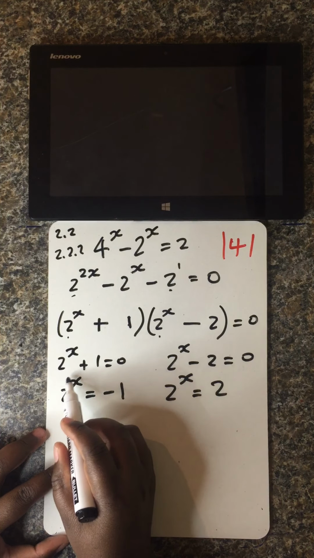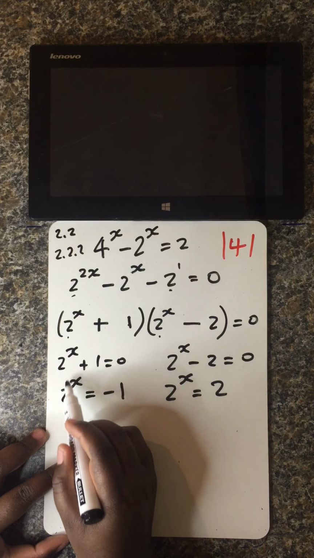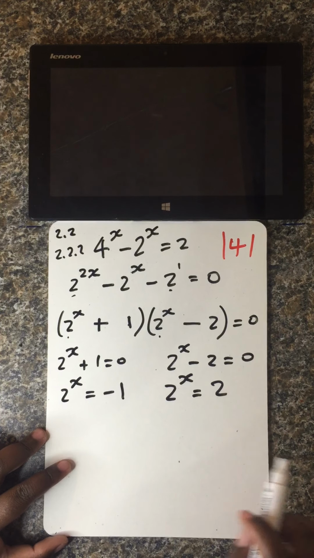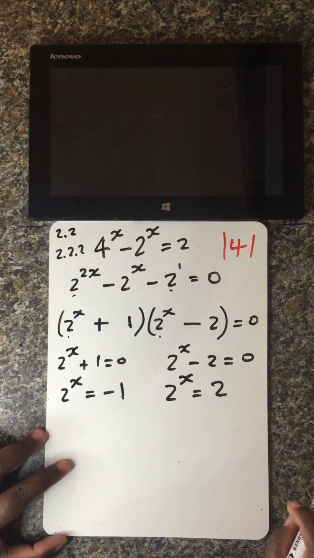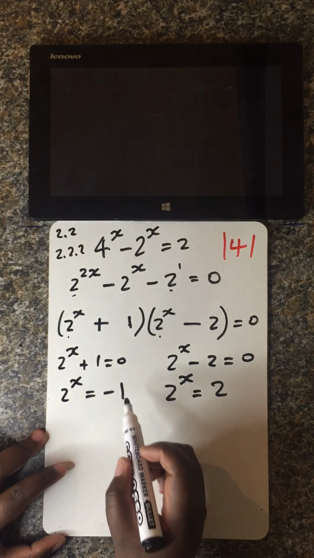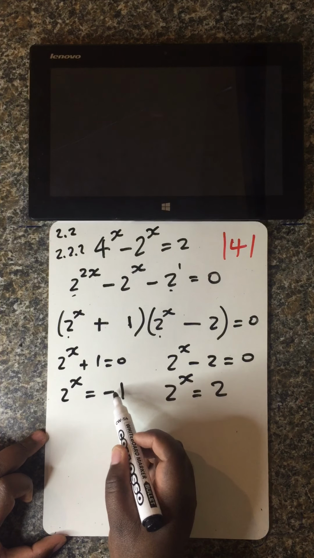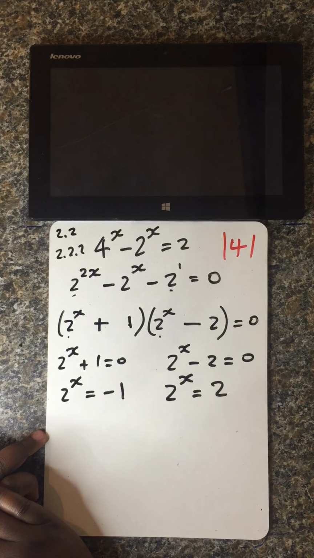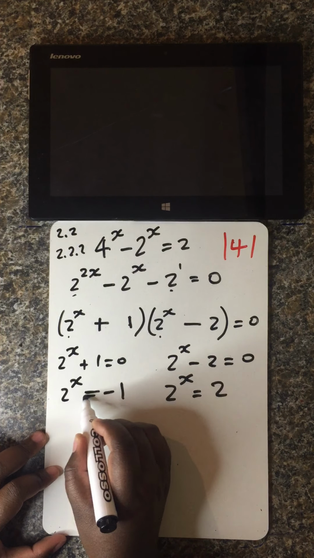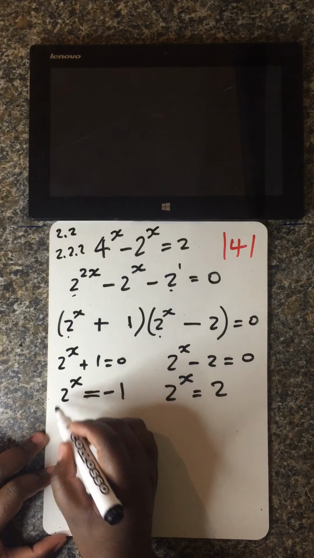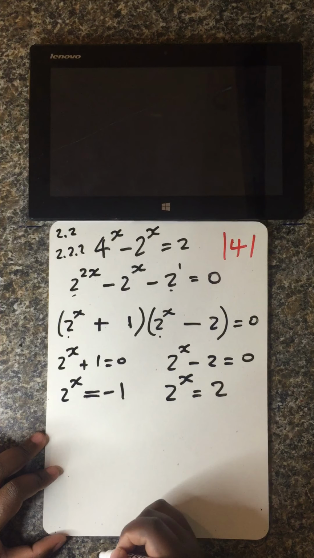Remember, we've got our unknown in the position of the power, floating in the position of the exponents. Because now this thing is equated to a negative 1, we are having an issue there. We are having a problem, because this thing can never be equal to negative 1.